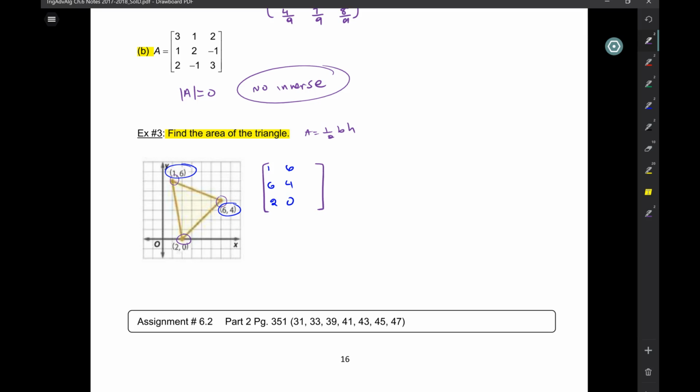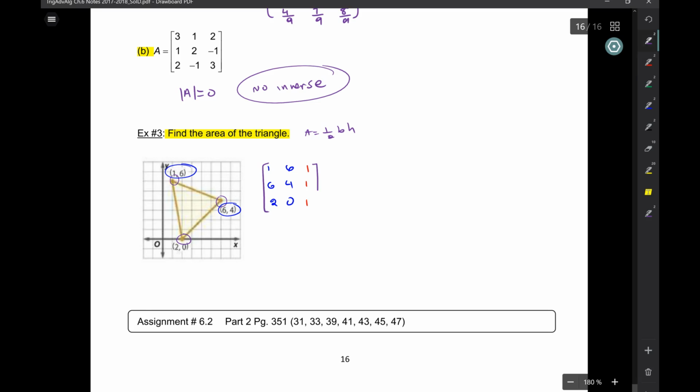So here's what you do. You put 1s for that column. Always 1s. Why 1s? It doesn't matter, but always 1s, okay? So you're always going to have 3 vertices, 1, 2, 3, and then 1, 1, 1. Always, always, always, okay?